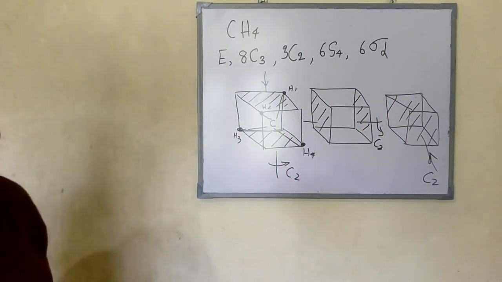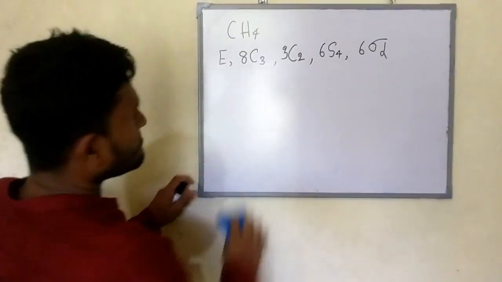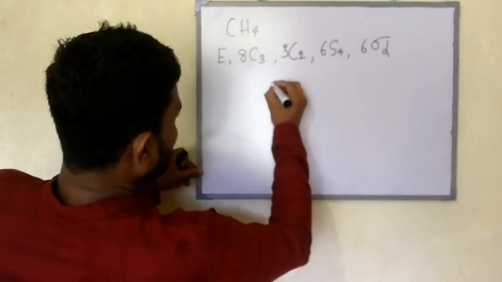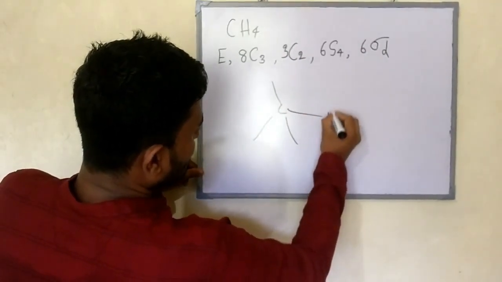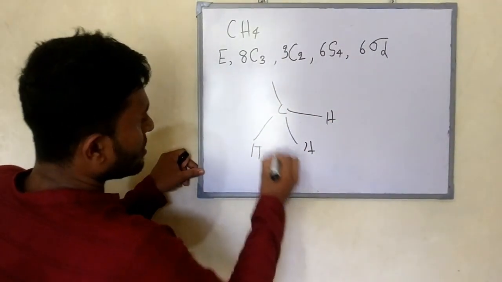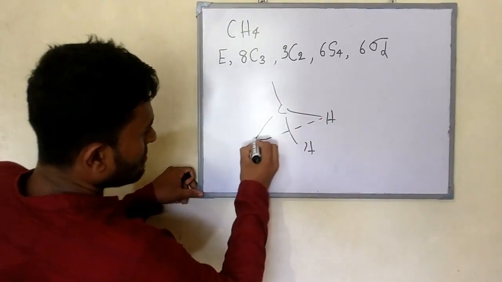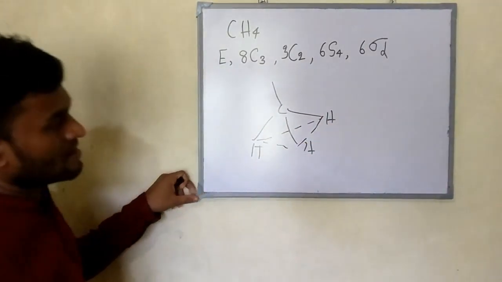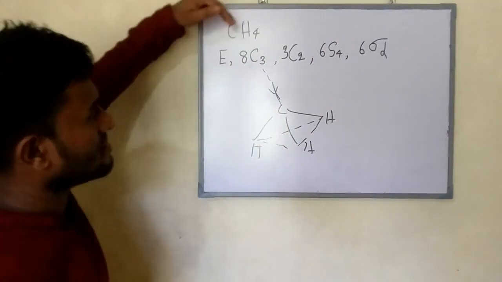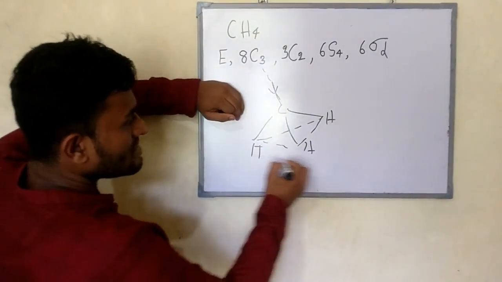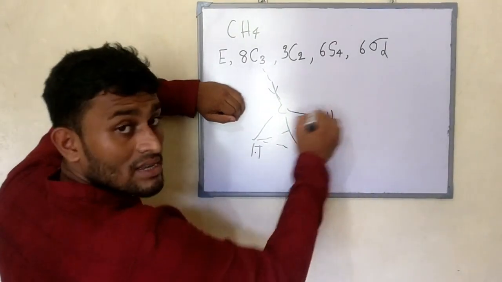Then I already explained you how the C3 are coming. This is just like this. We already studied ammonia molecule. We can think like this pyramid, so we can rotate in this way. So that is C3 axis. This H goes there, this H goes there.